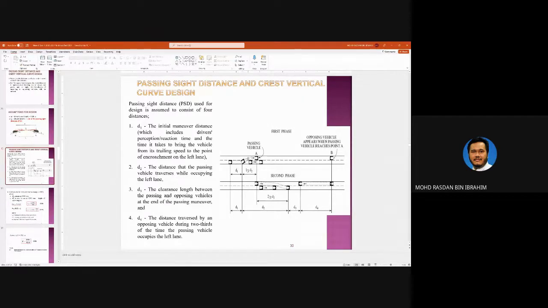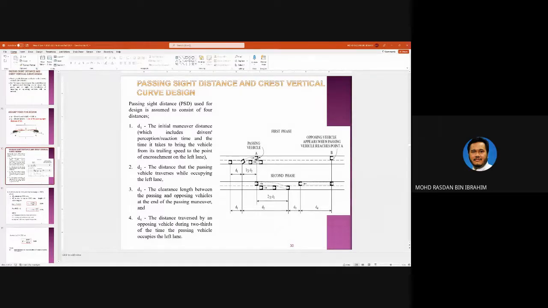Then you overtake this vehicle and you reach a certain point where you see another vehicle coming on the opposing lane. By the time you reach here, this car has moved here. This happens at 1/3 of D2.